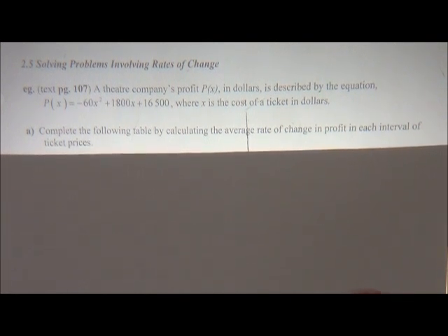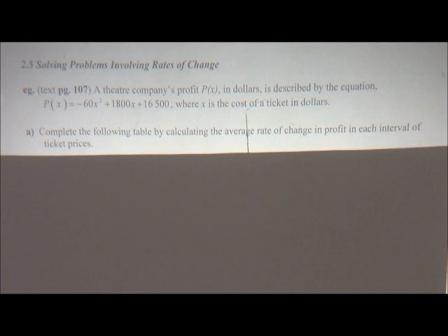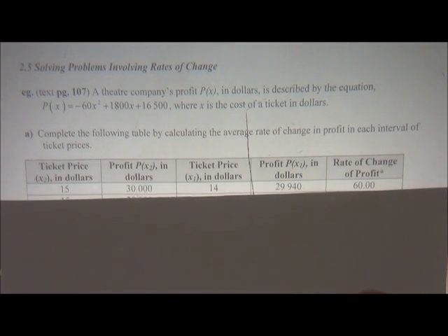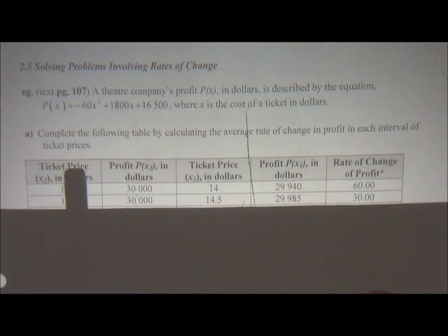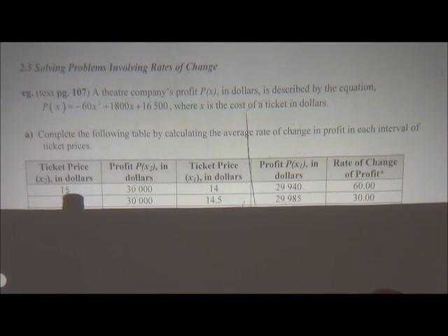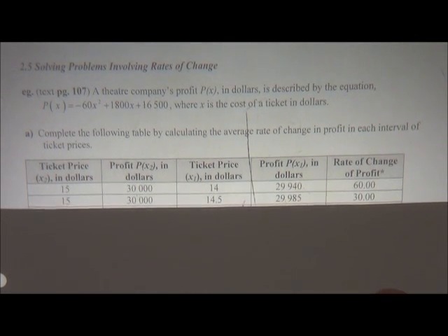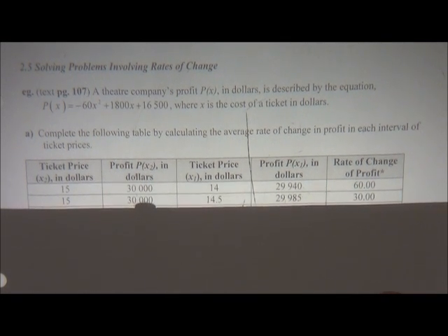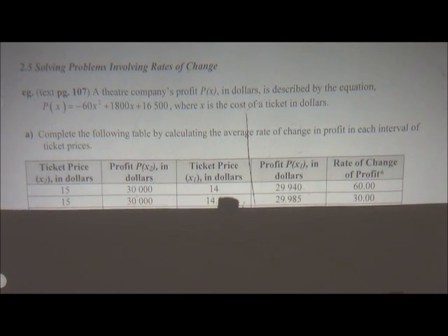Basically, just as we've done in the past, the target value is $15, as you can see there. All the way along here, this $15 is going to be the target value, and the profit is going to be 30,000.